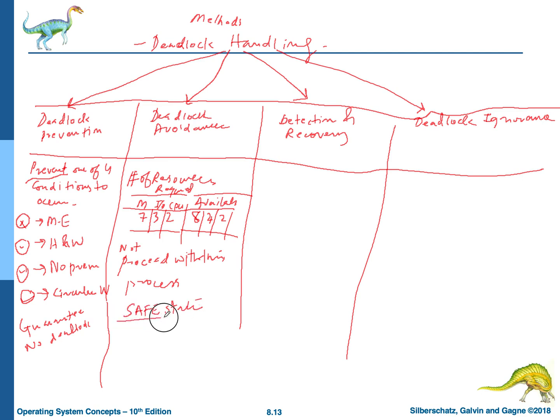Now this safe state can be identified with one of two algorithms actually. The first one is the RAG algorithm, the resource allocation graph, which we have already seen, right? While the other one is Banker's algorithm.